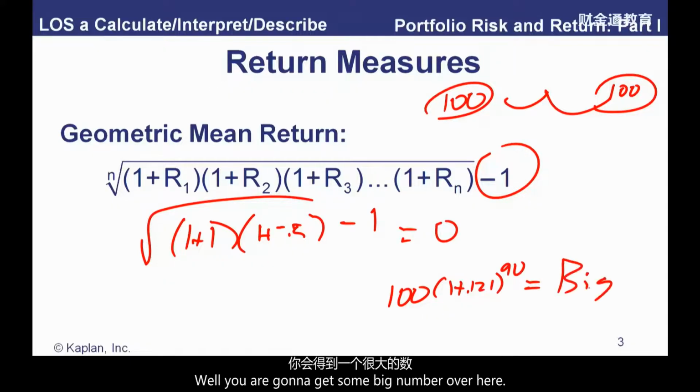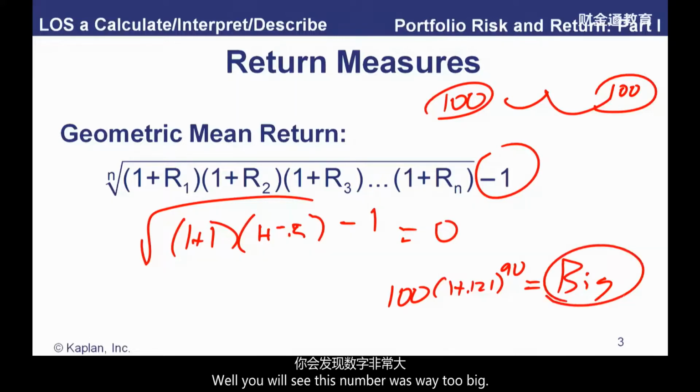And then if you went and looked at the brokerage account your great-grandfather started for you, put in $100 and let it ride for 90 years in an S&P 500 index, what you would see is that this number was way too big, right? It's supposed to say 90.